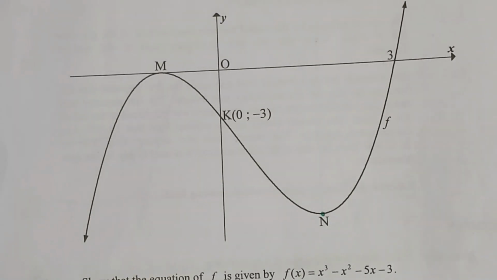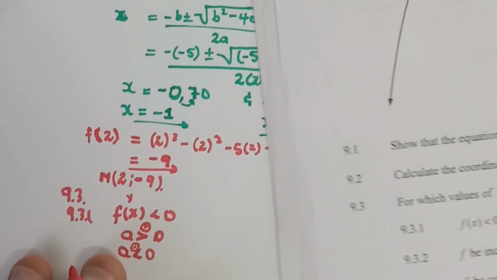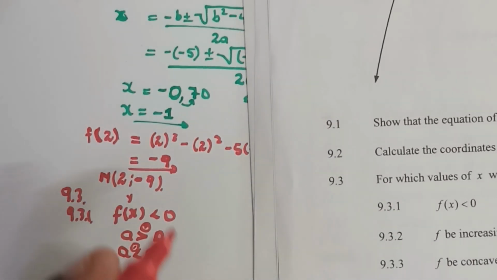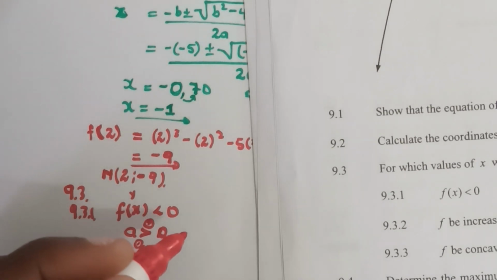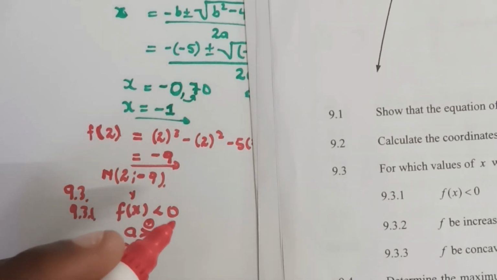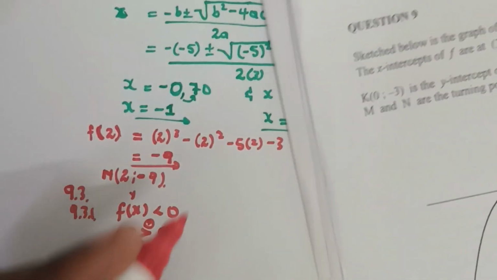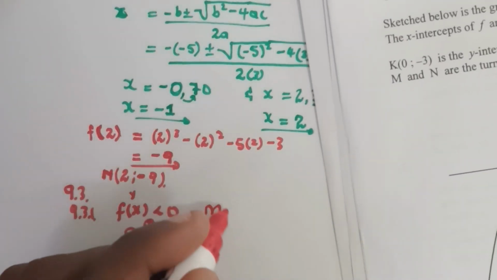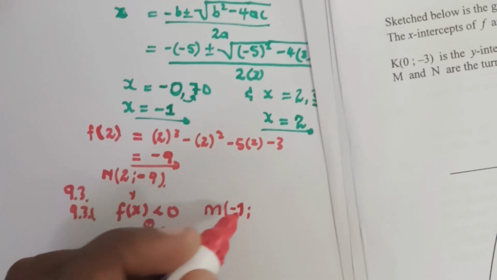Let's write our interpretation from the x-intercept, that is the point M. Our coordinates are here. This is our M, and it has a -1 coordinate with a 0.